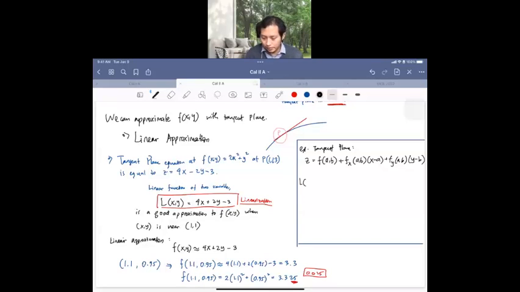And the linear function, the linearization, basically it is all the same thing. Basically all the same structure. There's a slight difference.